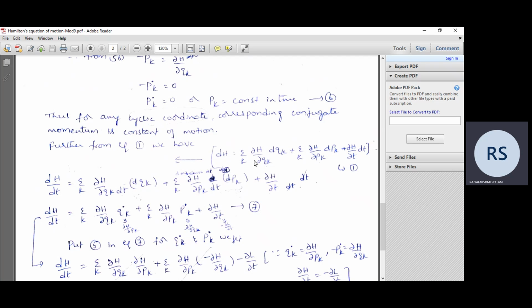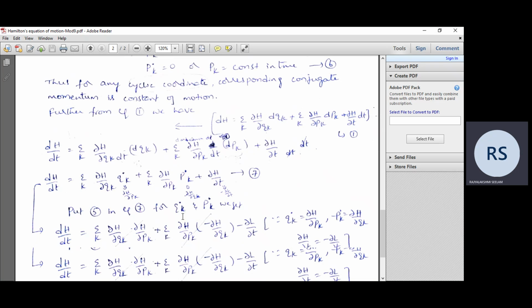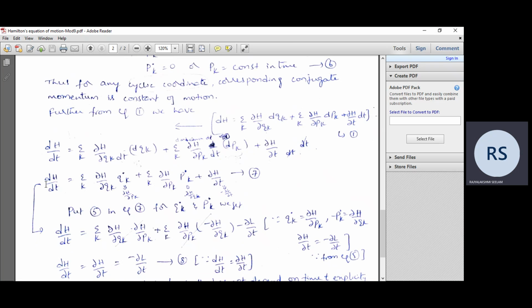Here dqk by dt is q dot k, dpk by dt is p dot k, and dt gets cancelled. So this is the required equation number 7.